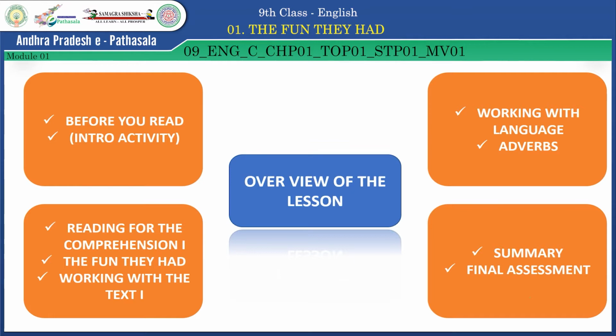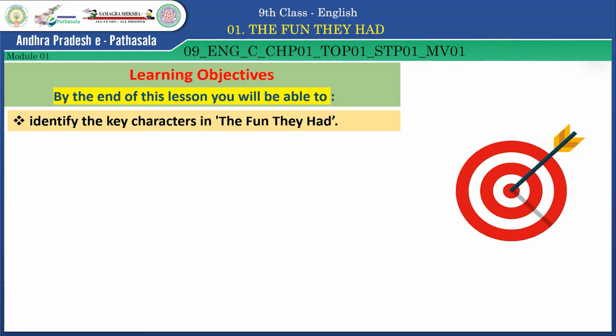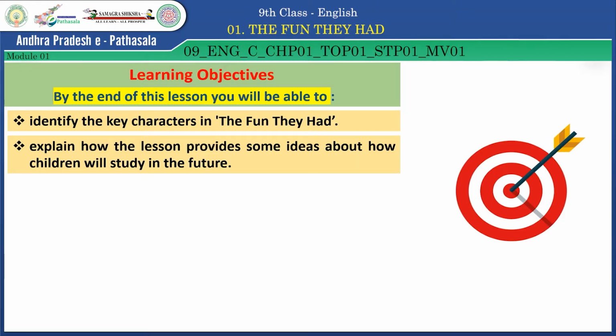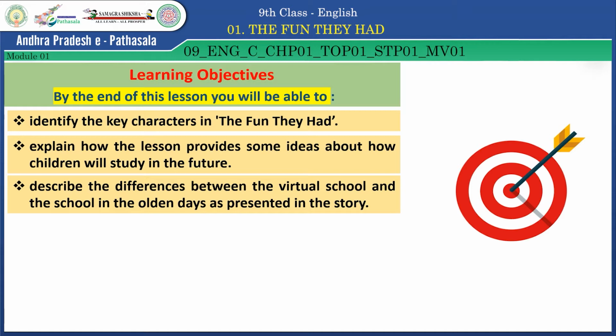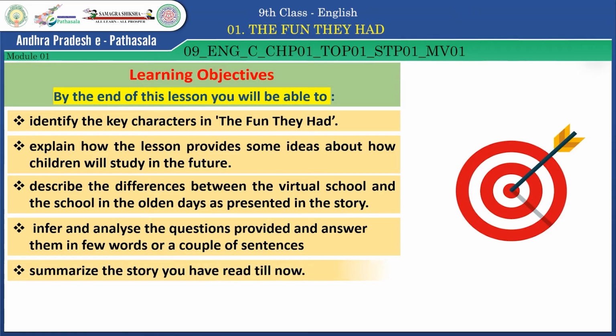Before you start the activity, let us have a look at the learning objectives of this lesson. By the end of this lesson, you will be able to identify the key characters in The Fun They Had, explain how the lesson provides some ideas about how children will study in the future, describe the differences between the virtual school and the school in the olden days as presented in the story, infer and analyze the questions provided and answer them in few words or a couple of sentences.